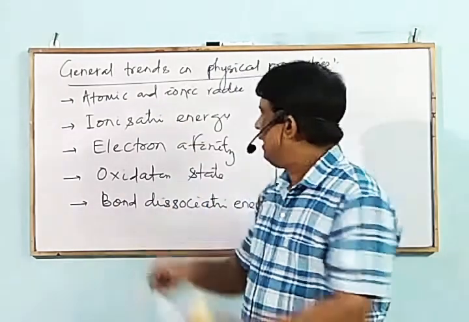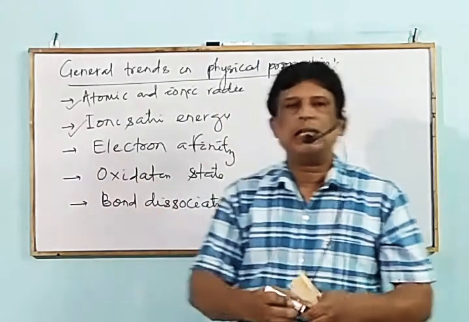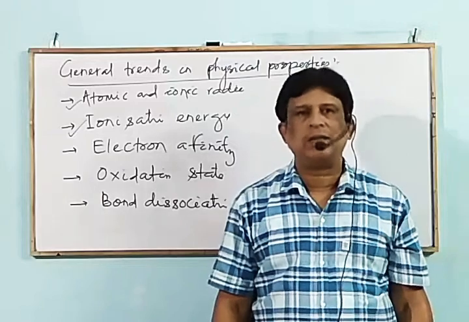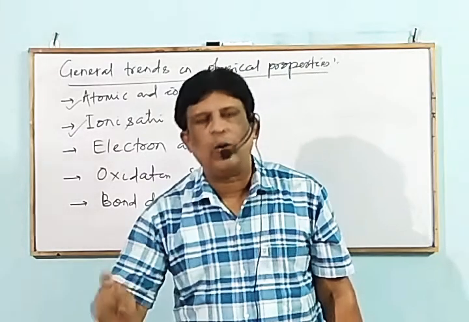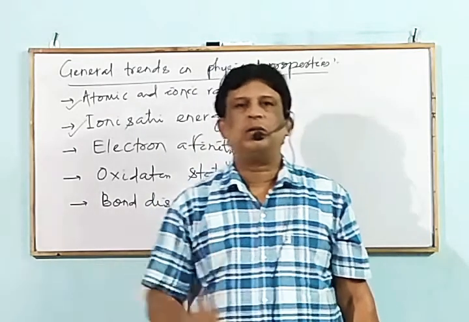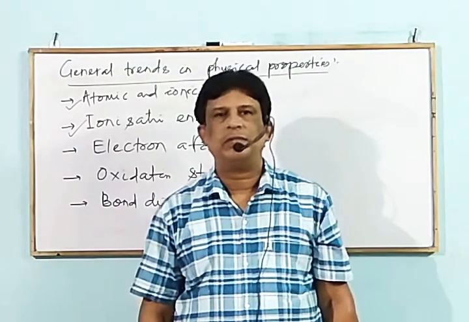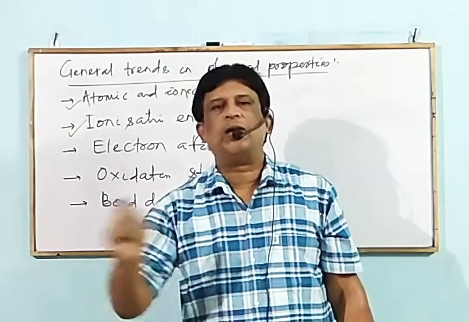Next, that is ionization energy. What is ionization energy? What do you mean by ionization energy? It is defined as the amount of energy required to remove the valence electron of a neutral gaseous atom in order to form a monovalent positive ion or a cation.